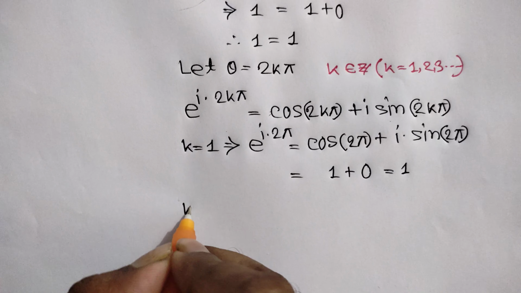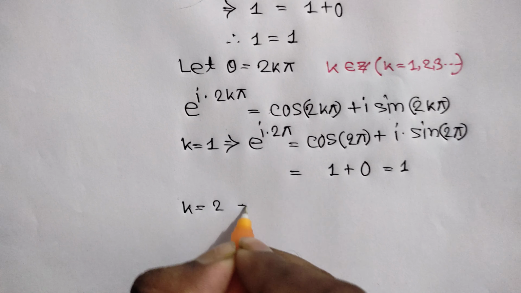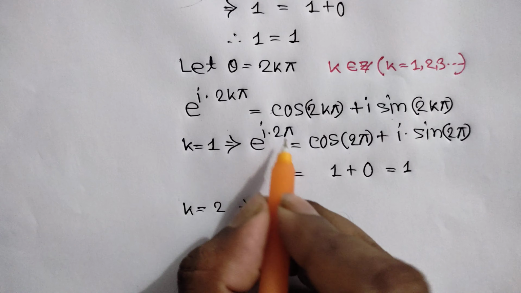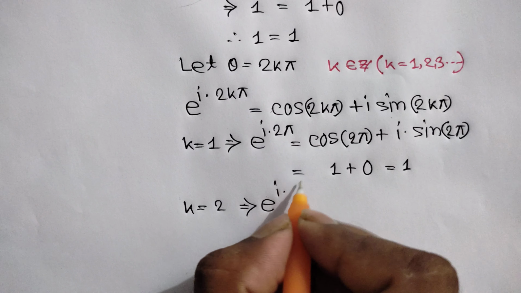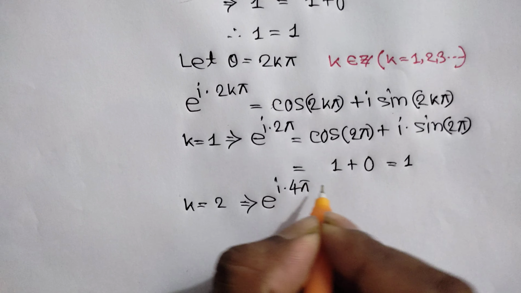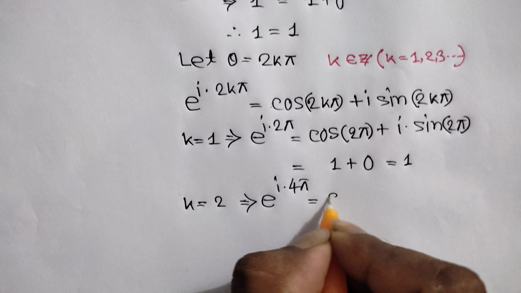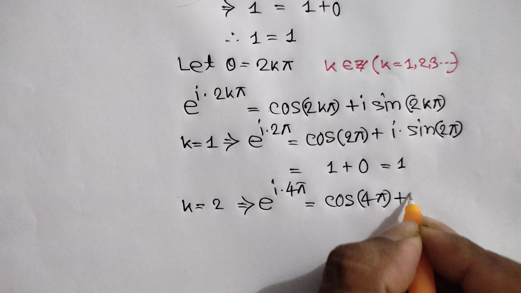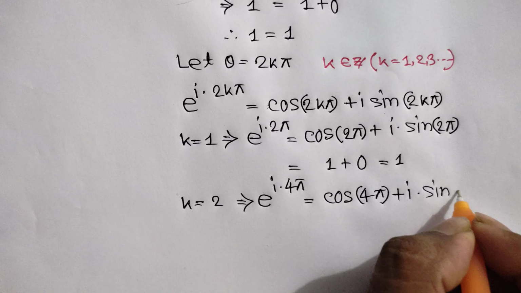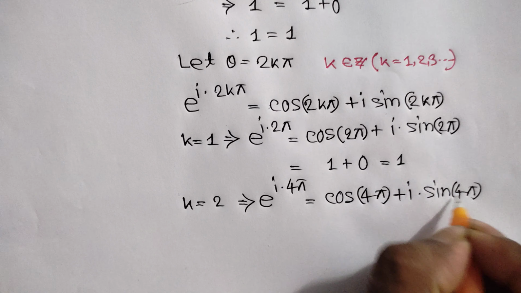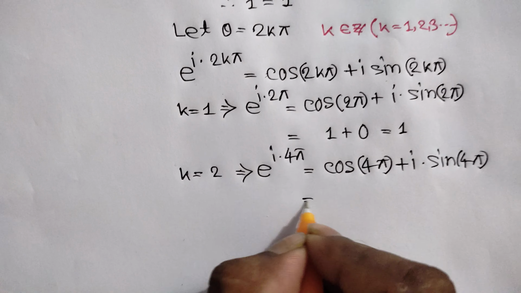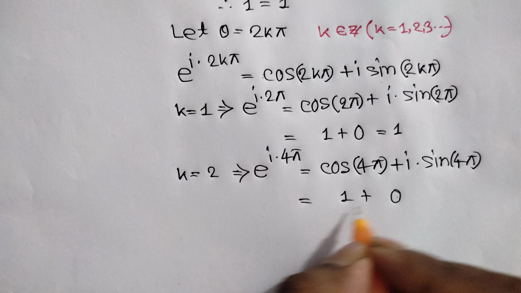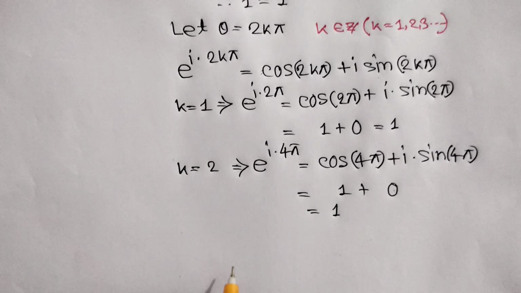Now when k is equal to 2, we will get e to the power i times 2 pi times 2, which is 4 pi, is equal to cos of 4 pi plus i times sin of 4 pi. This is 1 and this is 0, so this is 1.